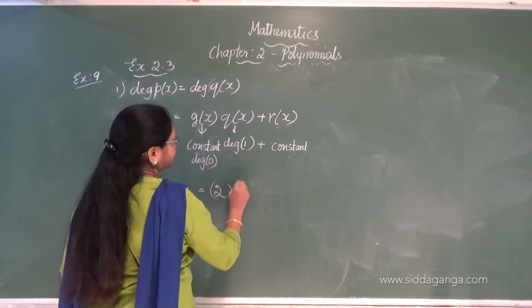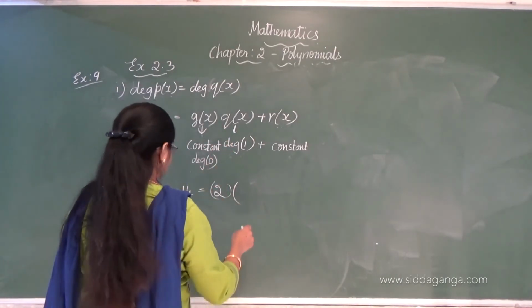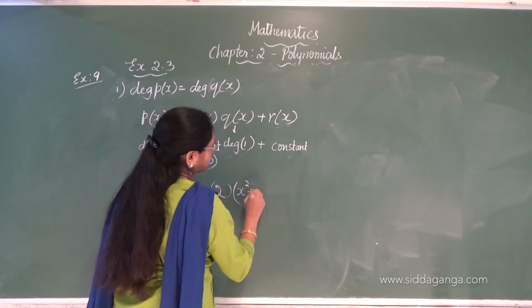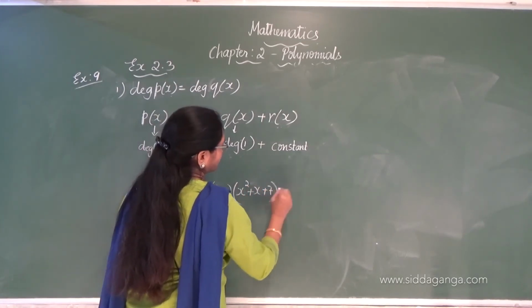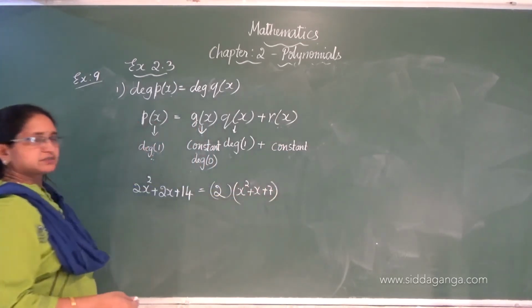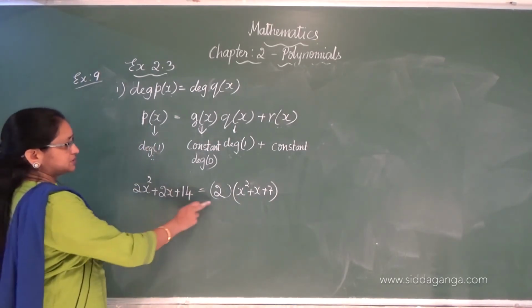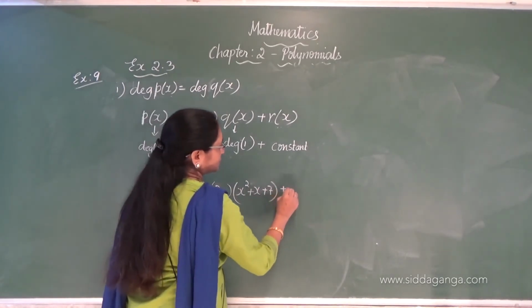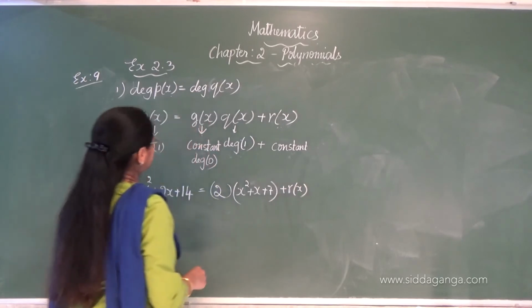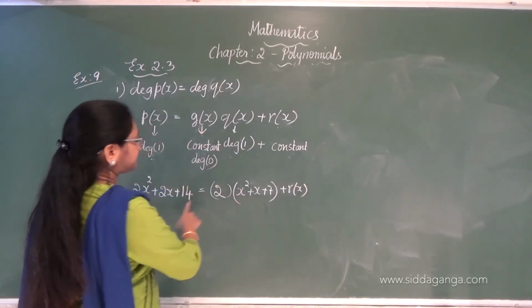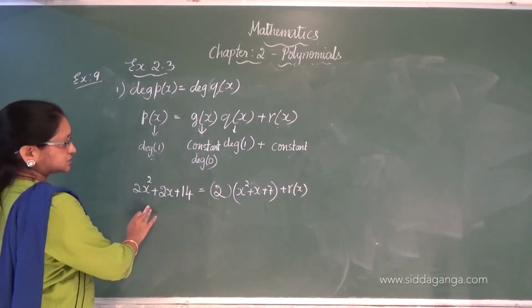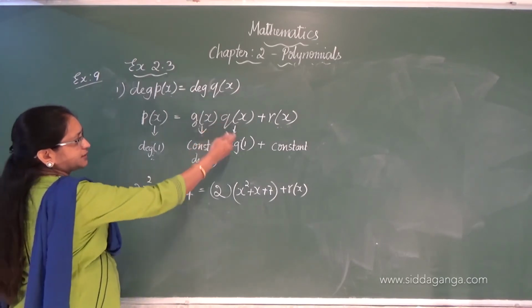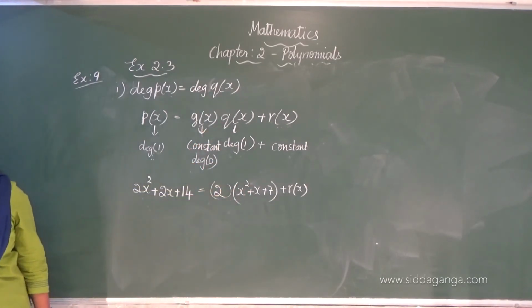Now here q(x), we can take it as x square plus x plus 7. Then you can find out the remainder. I hope it is understood. You can find out r(x). Now see here, when you divide this, you need not take this also. See, I told you the condition.